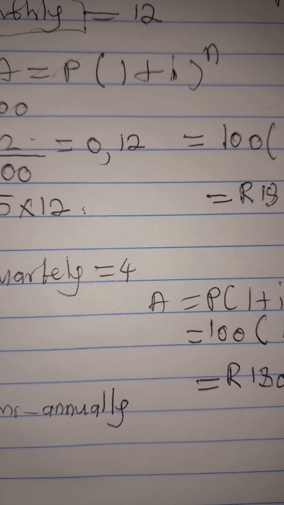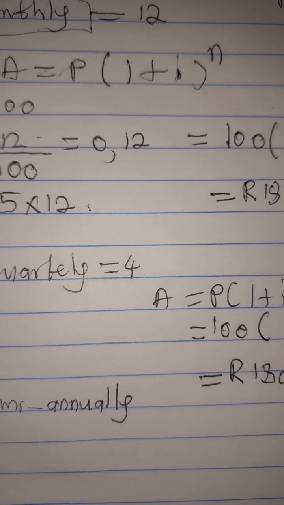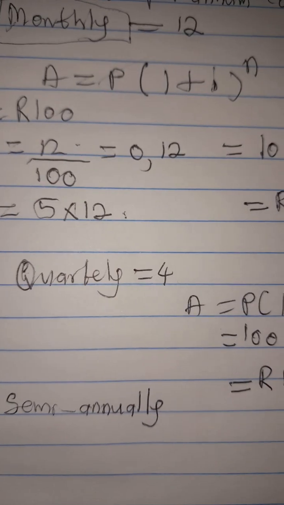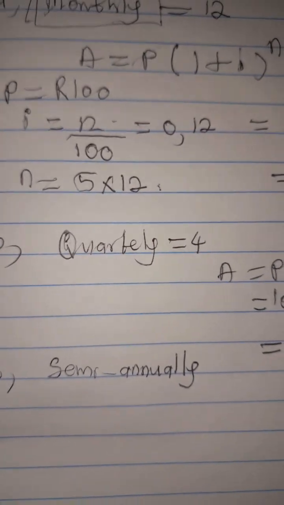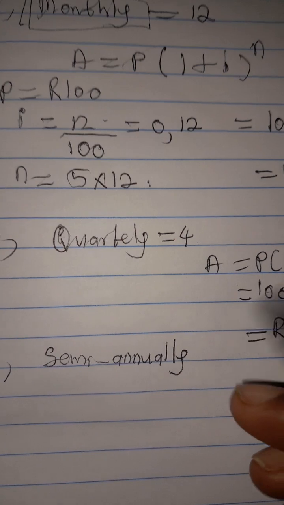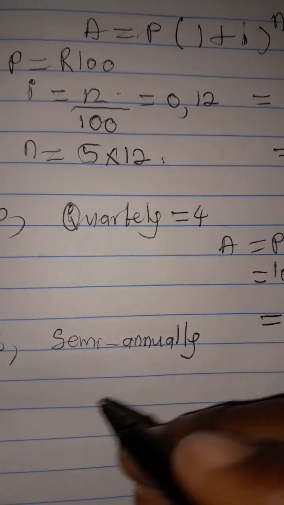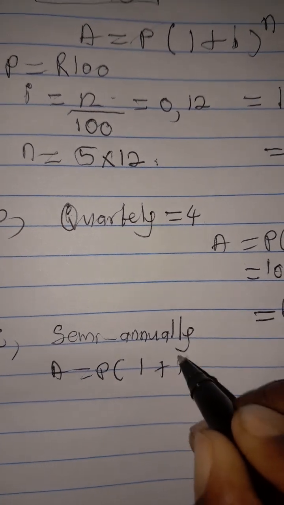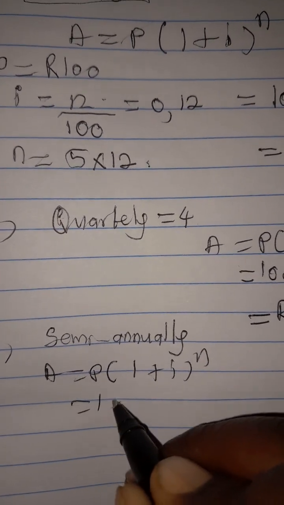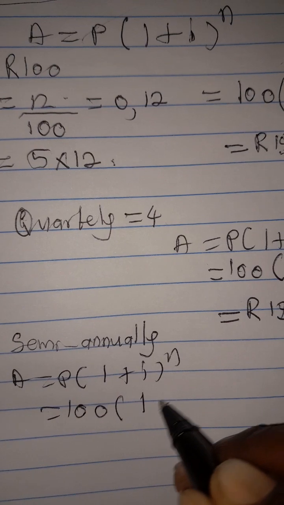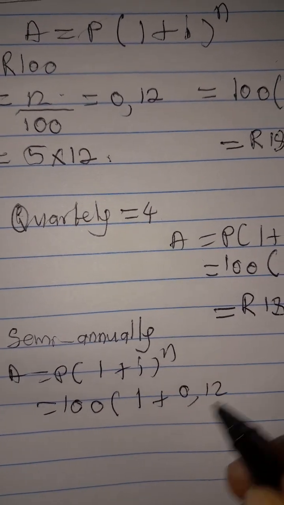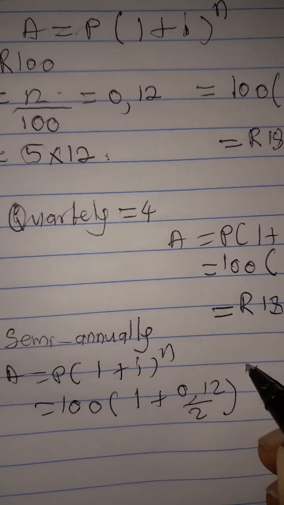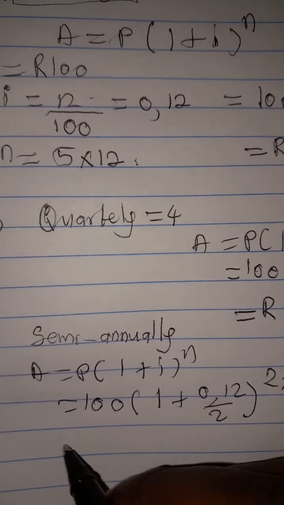Semi-annually simply means half yearly, meaning that will be 2, guys. Still using the same formula, 1 plus i to the power of n. So it's going to be 100 times 1 plus 0,12 divided by 2, as well as 2 times 5.